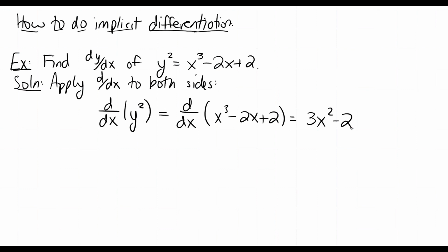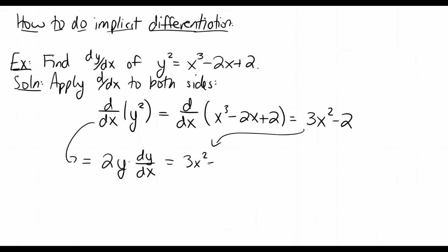So we use the chain rule for this. We bring down the 2, leave the inside alone, then multiply by the derivative of the inside, which becomes dy dx. So we get 2y times dy dx on the left-hand side. Together we have 2 times y times dy dx equals 3x squared minus 2.